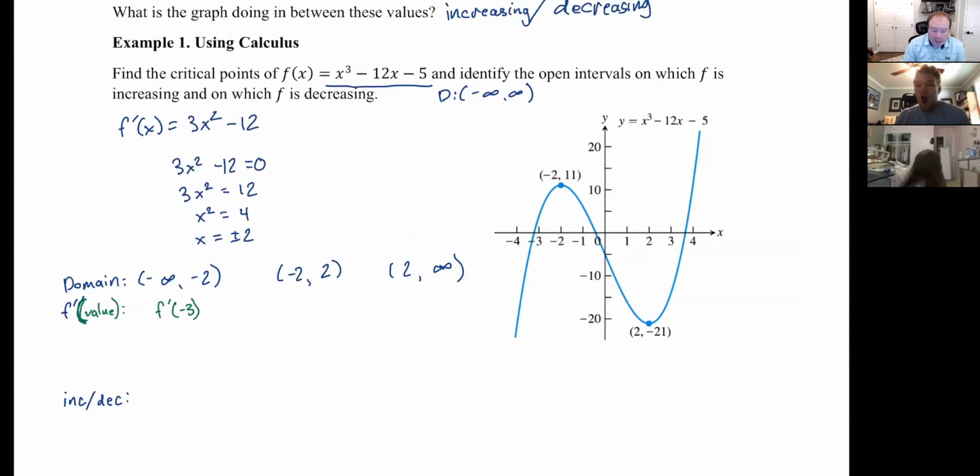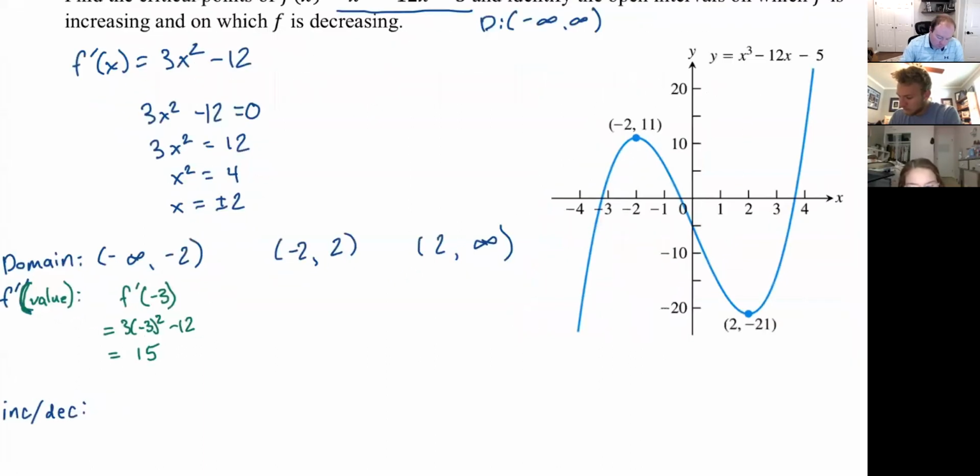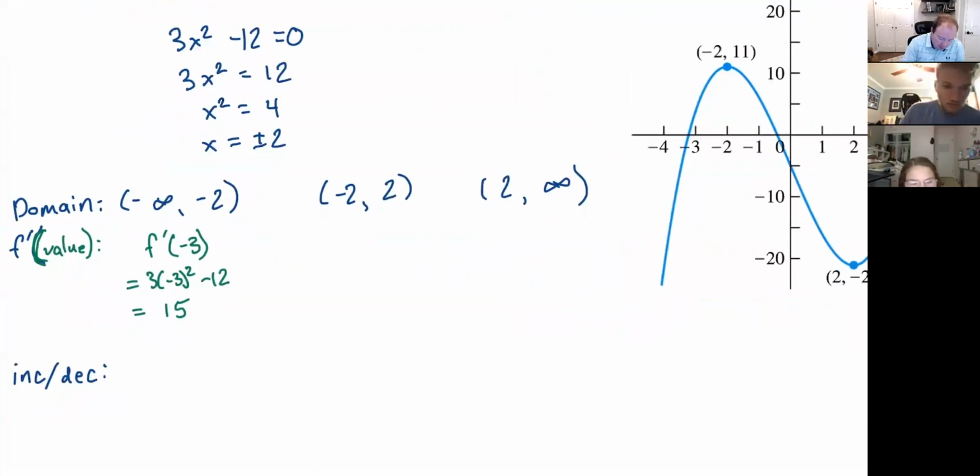So when we plug in -3, notice we're plugging it into the derivative. We're going to get a value. So we would have 3 times -3 squared minus 12, which works out to 15. Notice that this is positive.